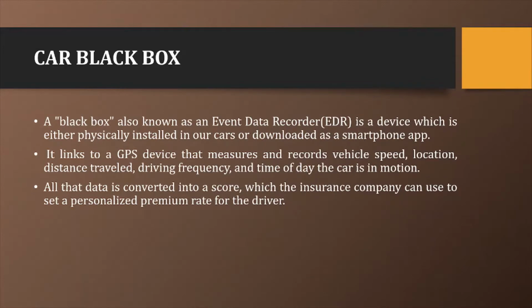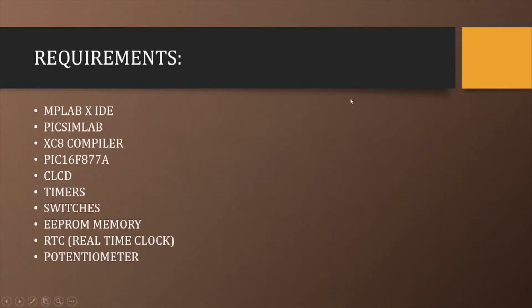This is a device which is either physically installed in our cars or downloaded as a smartphone app. These are the major requirements to implement this project, namely MPLAB IDE, PICSimLab, XC8 compiler, the microcontroller PIC16F877A, and the various peripherals which I'll be discussing in the coming slides.